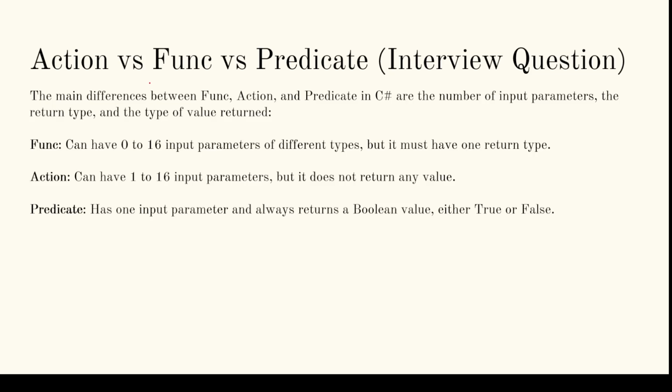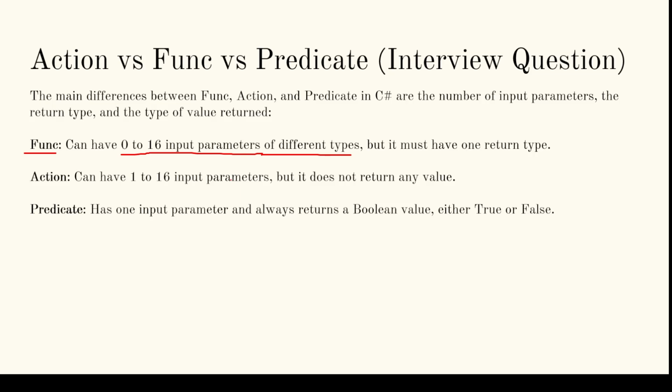The main difference between func, action, and predicate comes when we look at the return type, the type of parameter that they are returning, and the number of parameters that they can support. So let's understand first what func can do. Func can work with a method that is having 0 to 16 input parameters of different types, because func is a generic delegate.